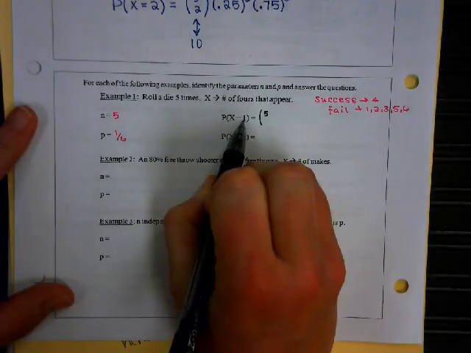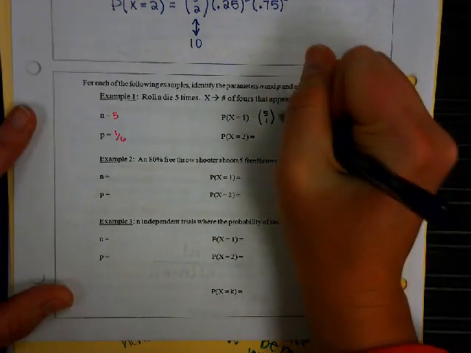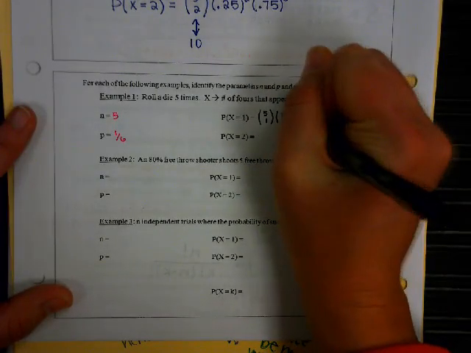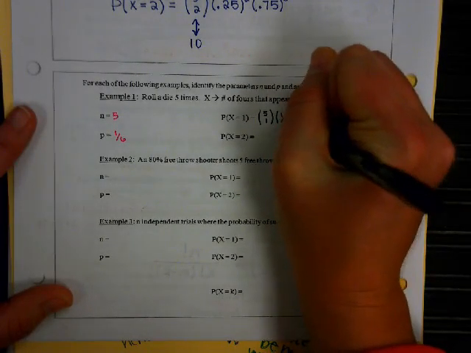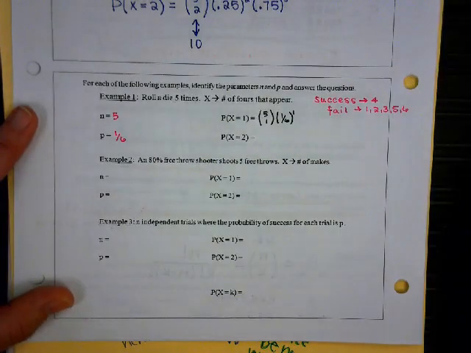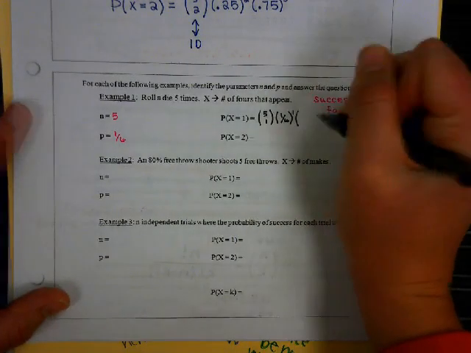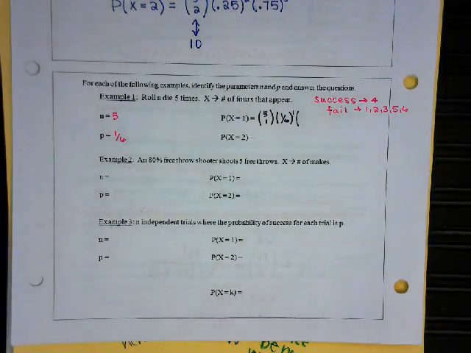And then I'm going to multiply it by the probability of failure. So success is 1/6, so probability of failure is 5/6, because there's 5 numbers that are failures. And we have 5 trials, and I only want 1 of them to be a success, so that means I want 4 failures.